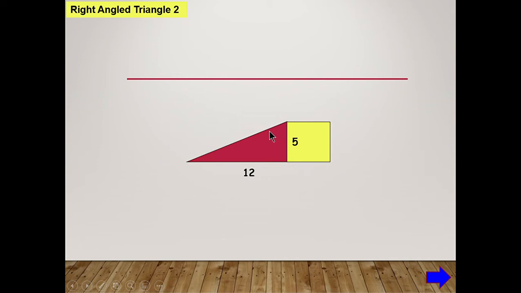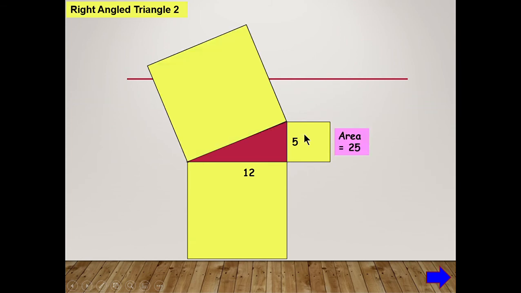So here we've got a 5, 12 triangle. The area of this is going to be 25. The area of this is 144. If I add those two numbers together, that makes 169.